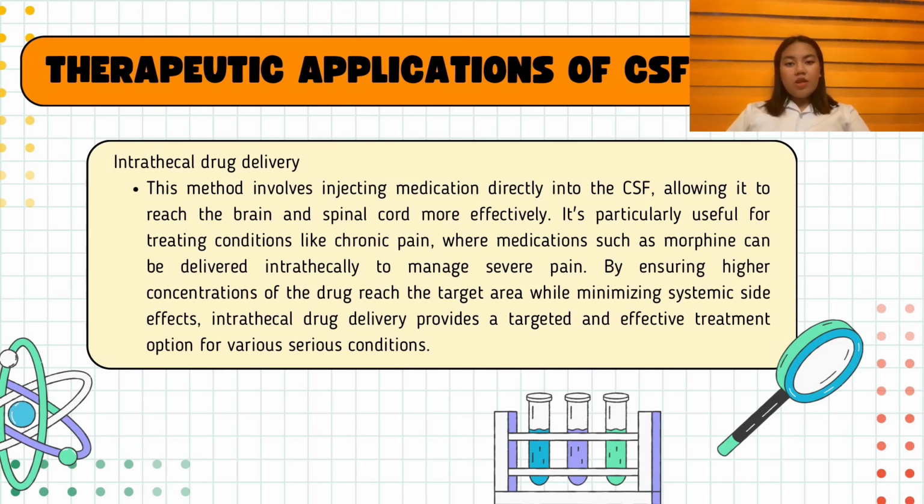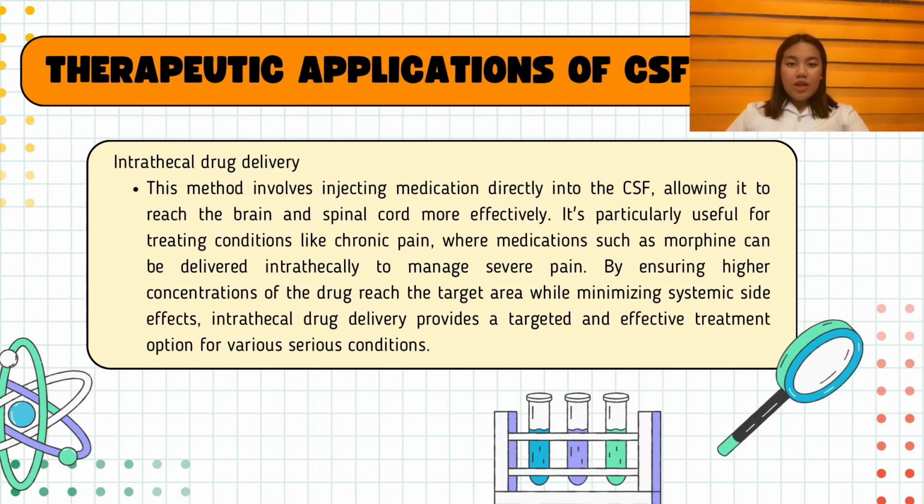So this method involves injecting medication directly into the CSF, allowing it to reach the brain and spinal cord more effectively. It's particularly useful for treating conditions like chronic pain, where medication such as morphine can be delivered intrathecally to manage severe pain.